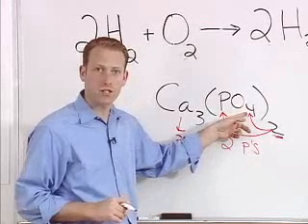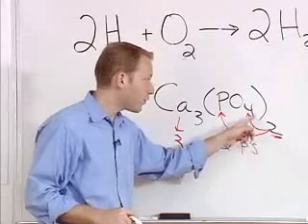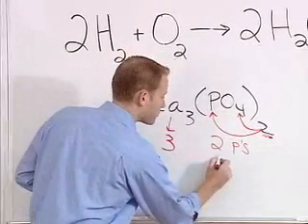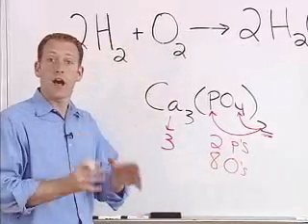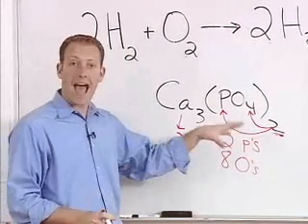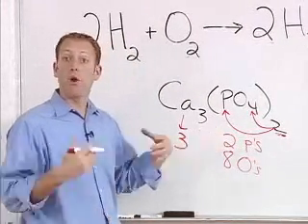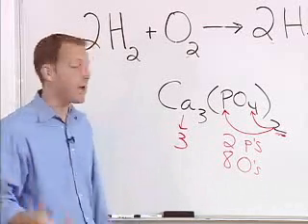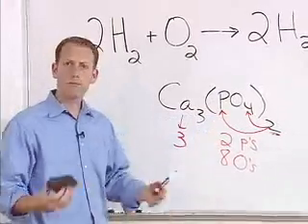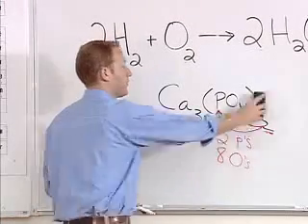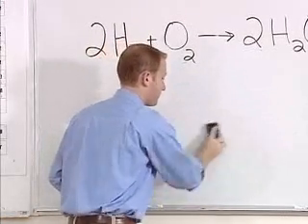There's 4 oxygens, but there are 2 phosphates. So 4 times 2 is 8. So here you have 8 oxygens. So you need to understand how to tell how many atoms of a given element you have, especially when you're dealing with polyatomic ions, and sometimes that gets tricky because of the parentheses. And we'll talk more about that later on.